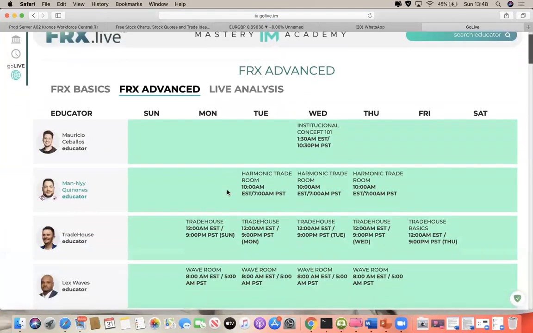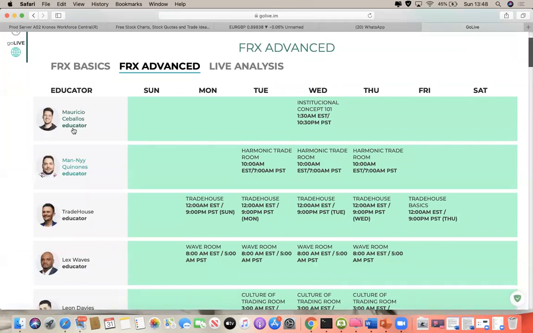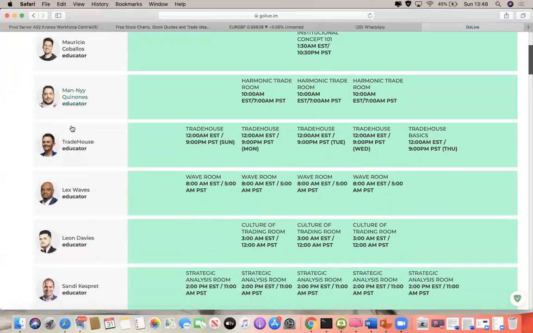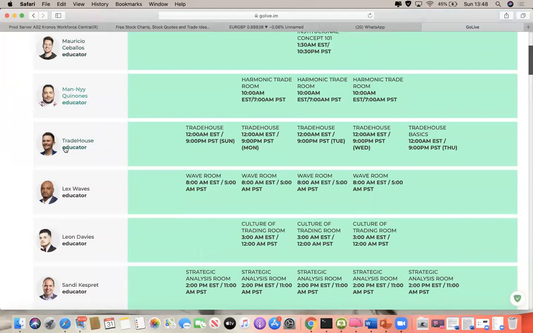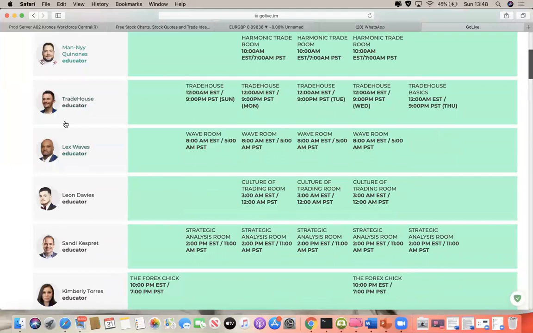We have Trade House educators: Mauritius Ceballos, he's an institutional trader. This man is called Mike Mouse, he's an institutional trader. Lex Wave, he's an institutional trader.